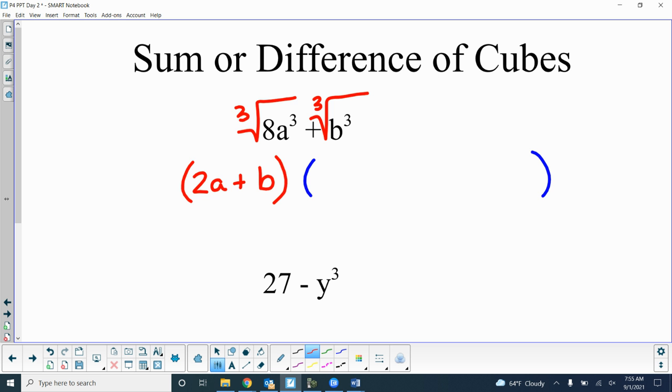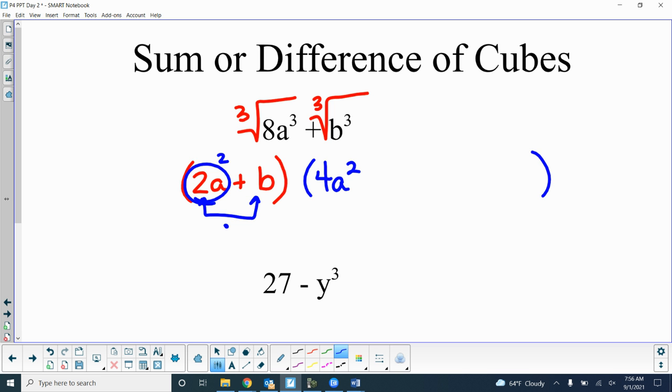Now, to do your trinomial, okay, you take the first term and square it. So what's 2a squared? 4a squared. Okay? To get the middle term, you just multiply those 2.